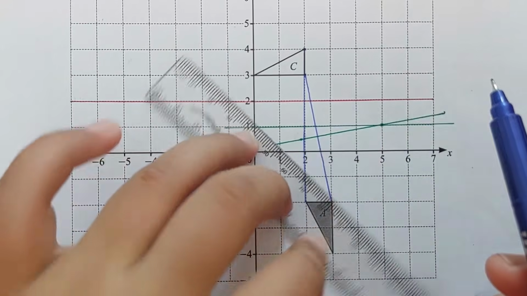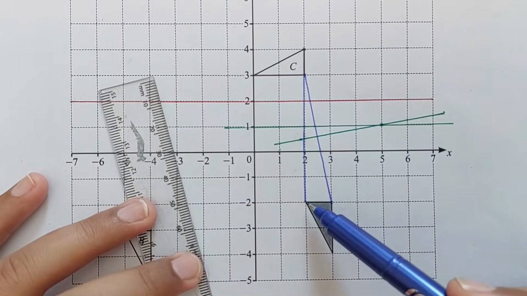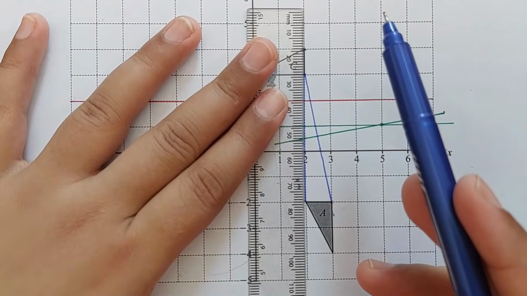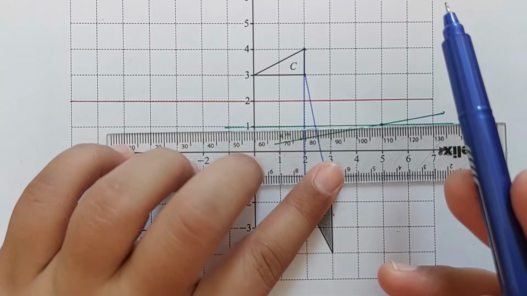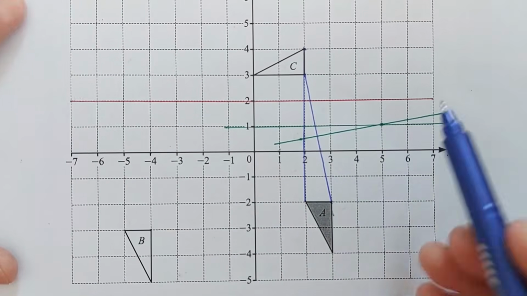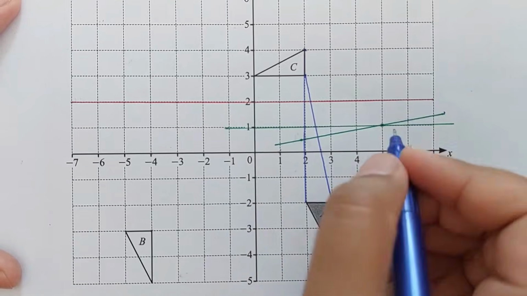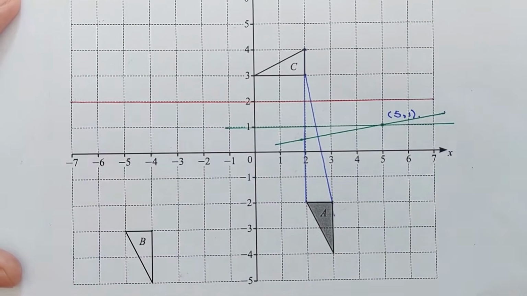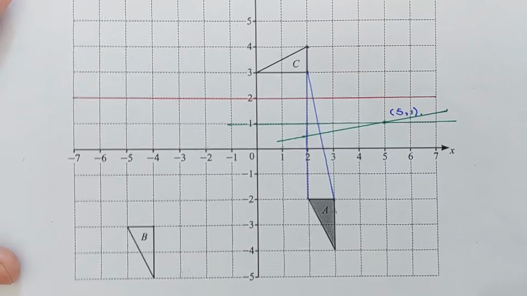And connect this coordinate of shape A with this coordinate of shape C, and find its perpendicular. This is the green one. As you can see, both perpendiculars pass through the point (5, 1). So that is the center of rotation, which is (5, 1). You can check with the third one, but it is okay if you do it with the first two.